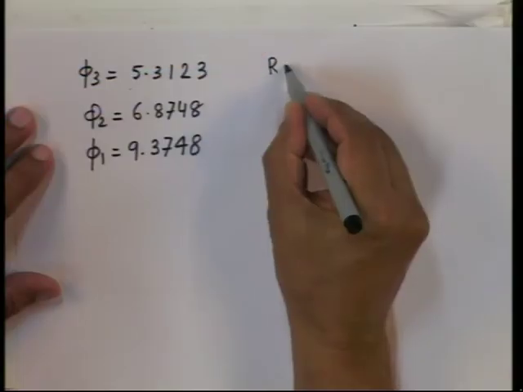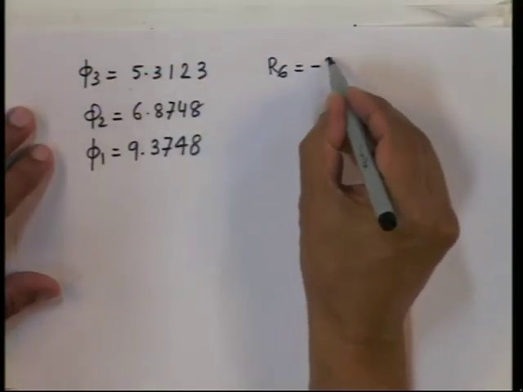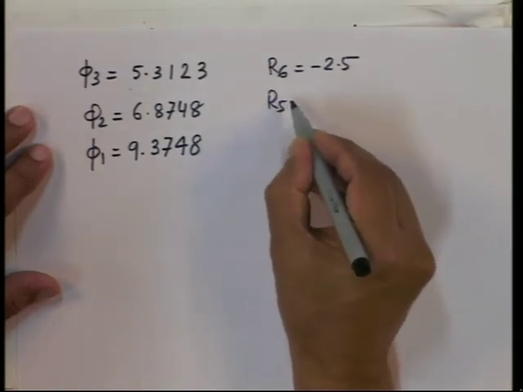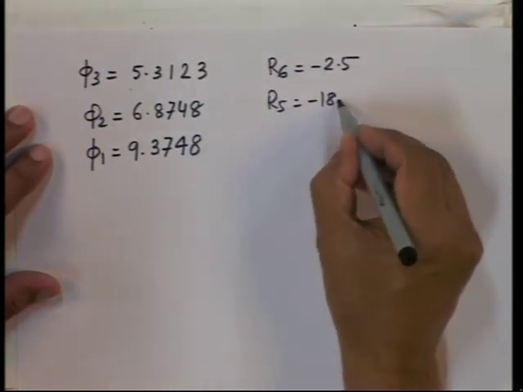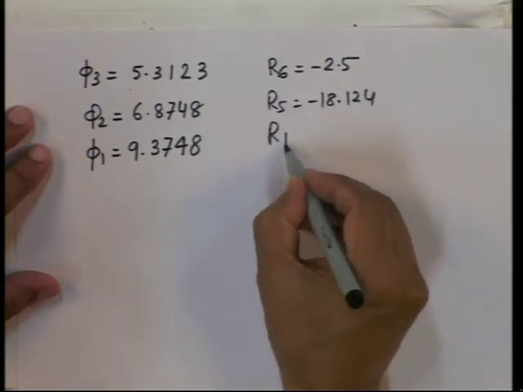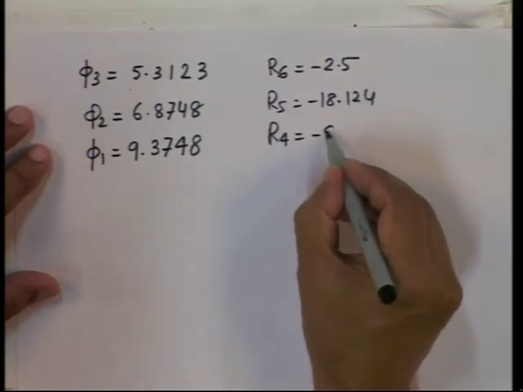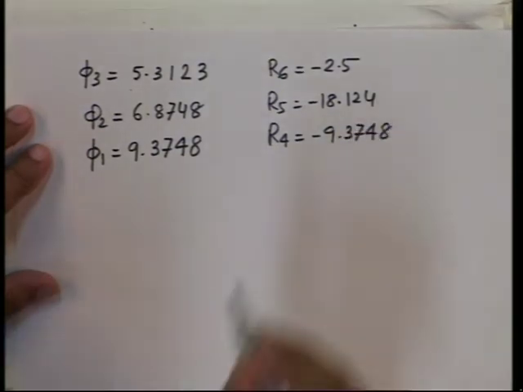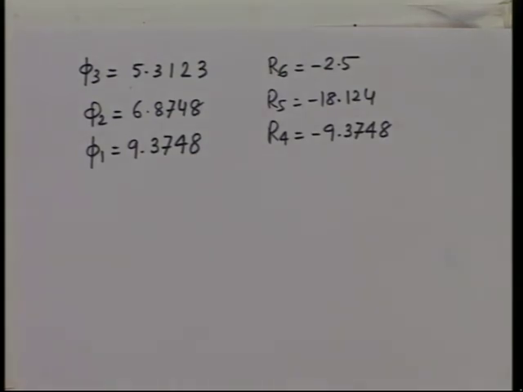So, you find that R 6 comes out to be minus 2.5, R 5 will come out to be minus 18.124, and R 4 comes out to be 9.3748. These are the reactions.